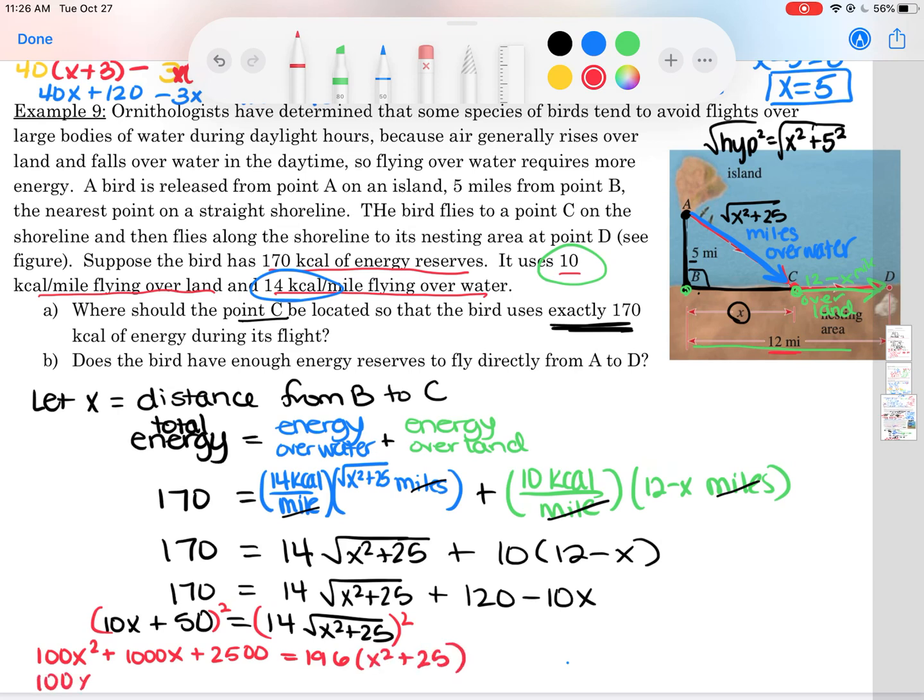And we can distribute. So we have 100x squared plus 1000x plus 2,500 is equal to 196x squared plus, and when I multiply that, that's 4,900.